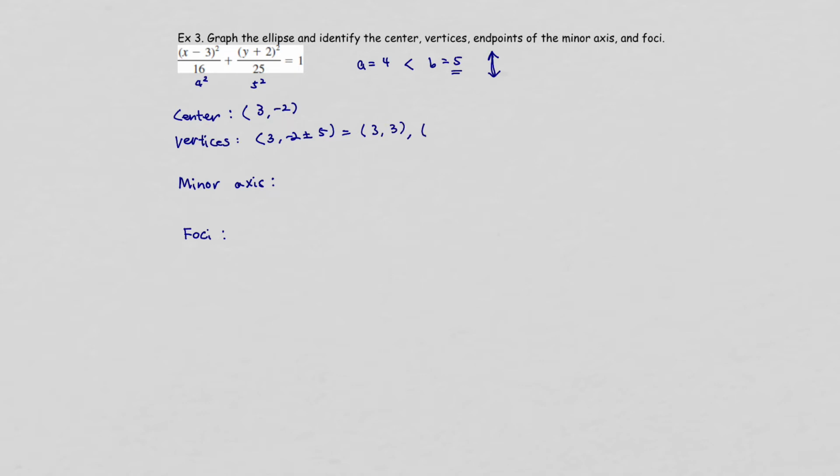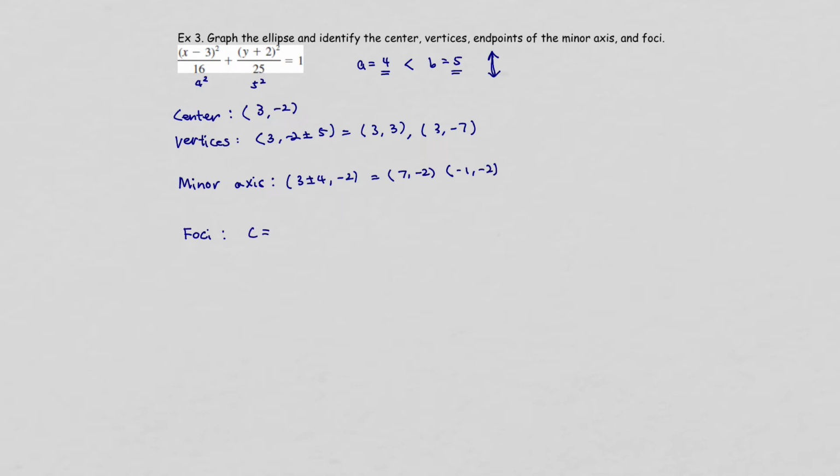When you're subtracting 5, it will be -7. So those are the 2 points. And the minor axis is going to be ±4 to your 3 value. So that gives you 3 ± 4 and -2. Adding will make it 7. Subtracting will make it -1.